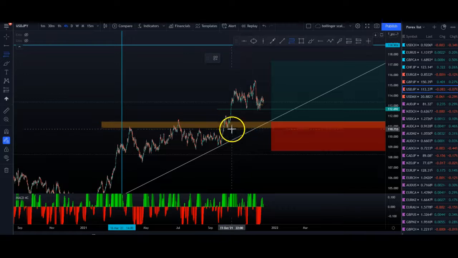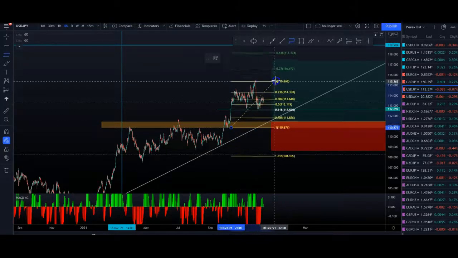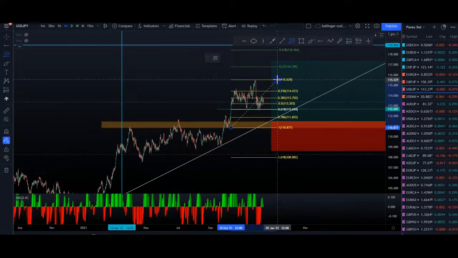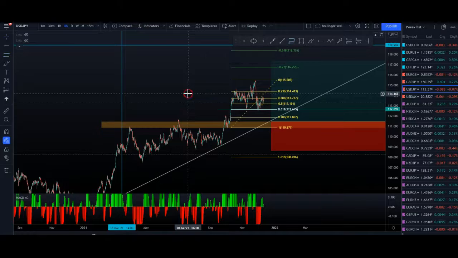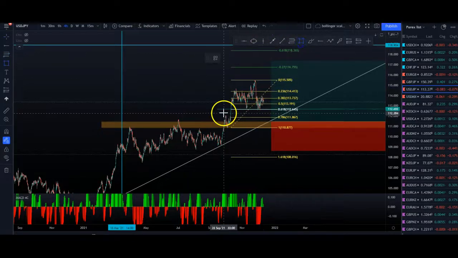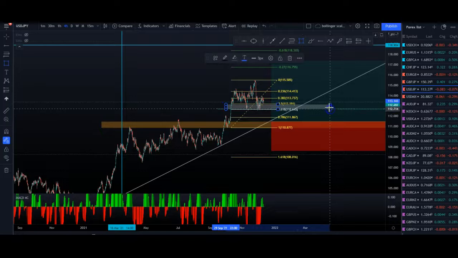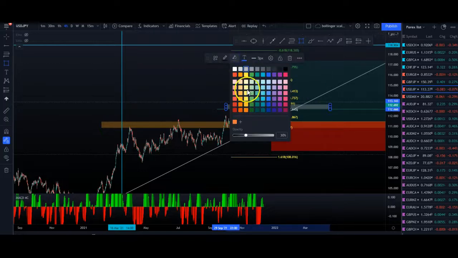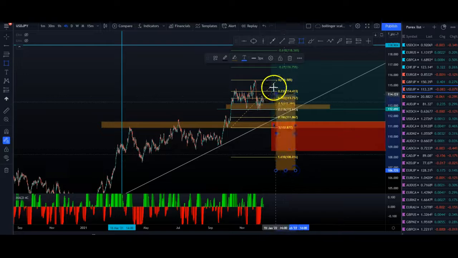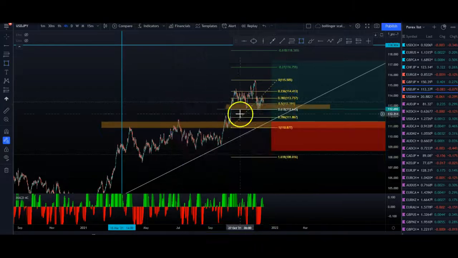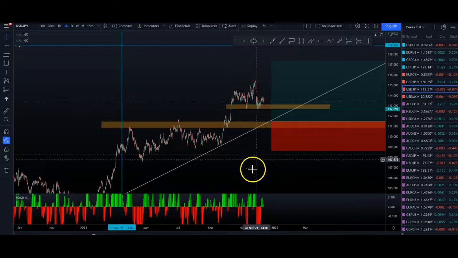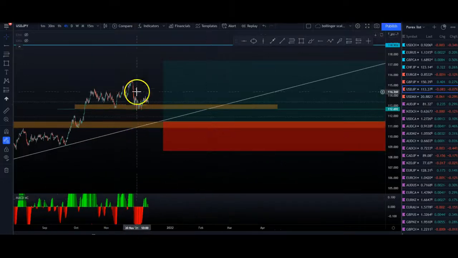So in the 4 hour, my golden zone will be exactly where the market is right now. And it's right there. Okay, let me get rid of this so it can look clear. There goes the market, already having a reaction right there.